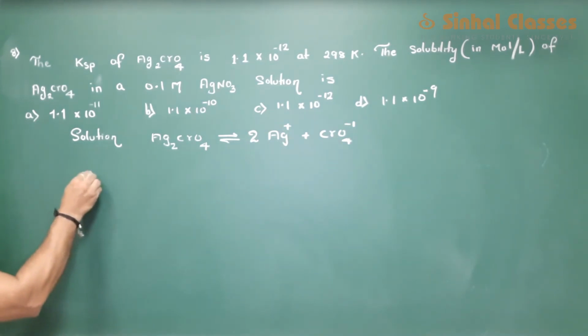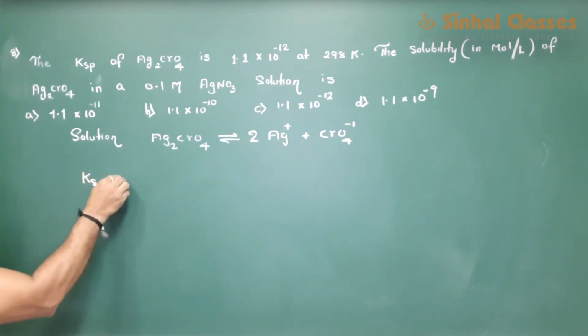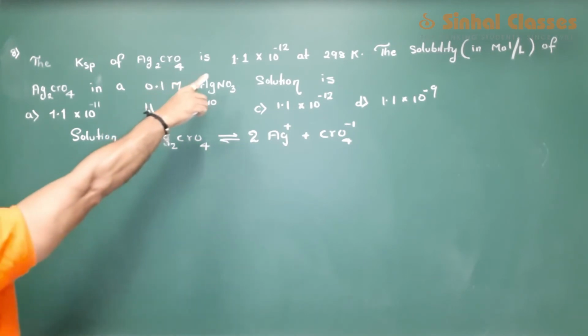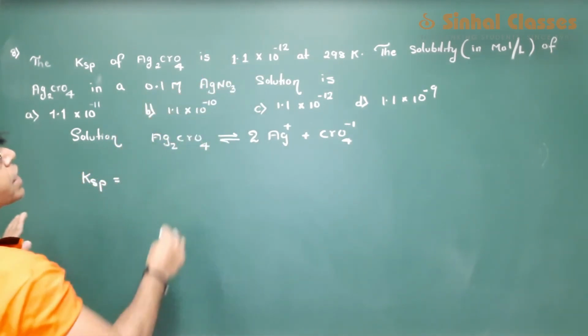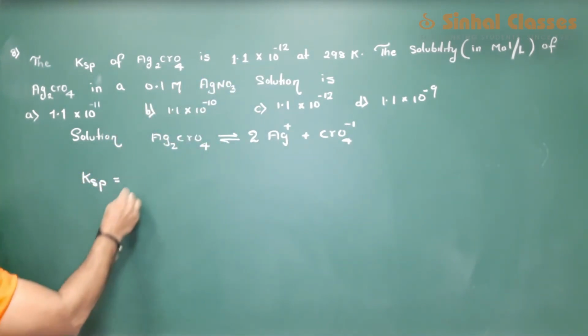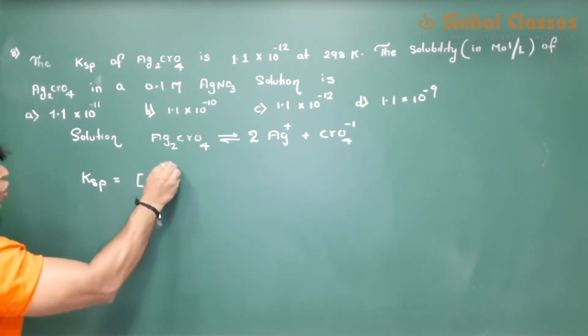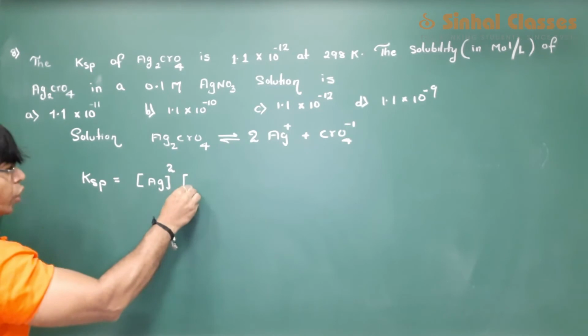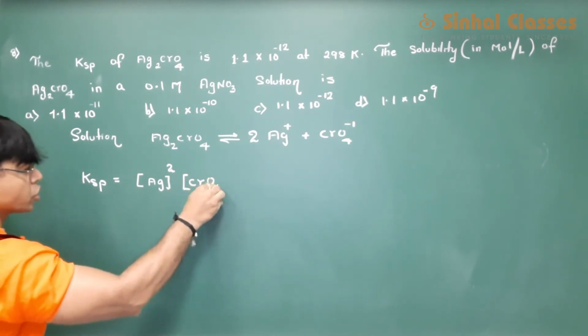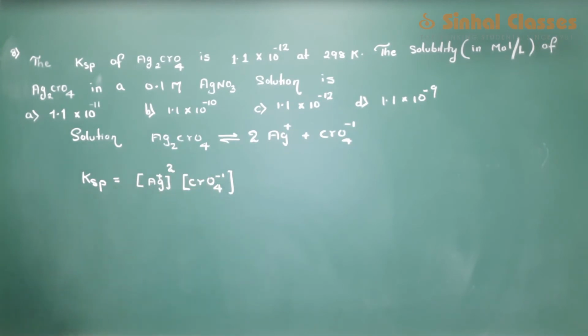Now the Ksp of it is given as 1.1 into 10 raised to minus 12. So Ksp is the square of the silver ion concentration into the concentration of CrO4 minus.